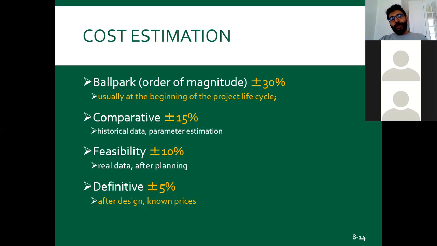So it's a bad way of estimating costs, right? Many people are doing that, but because you don't go into the detail, you just make an estimation about the project cost. So you have about a 30% inaccuracy problem with this cost estimation generally. Comparative estimation uses historical data and statistical parameter estimation.